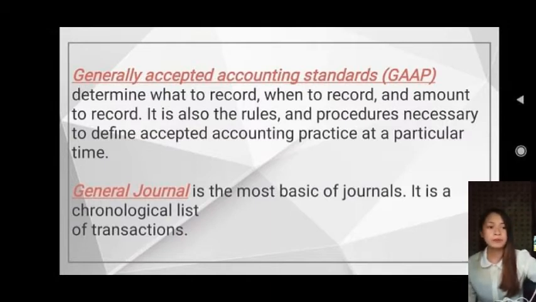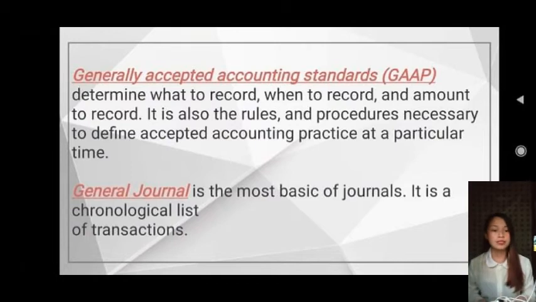What I mean, a journal entry is the first step of the accounting or bookkeeping process, and in this step, all the accounting transactions are recorded in the General Journal in chronological order. So it has a specified format which includes the date of transaction, ledger, accounts involved, amount of transactions, and a brief narration to describe the transaction.